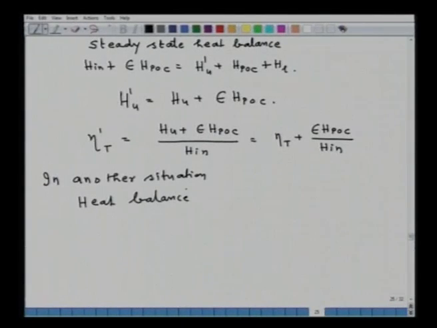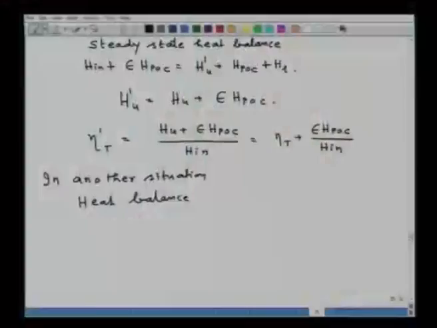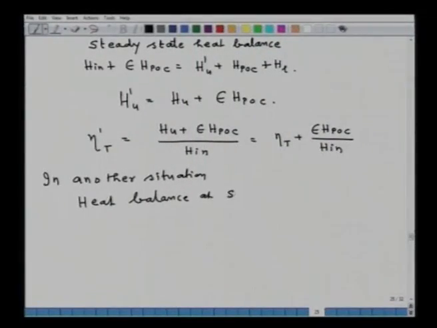So, in this case the heat balance, in the situation when the amount of product is not increasing and the furnace temperature should not increase, at steady state would be H in plus epsilon H POC, that is equal to H U plus H POC plus H L. Now, since Tu and TPOC are to be kept the same, the fuel input must decrease.